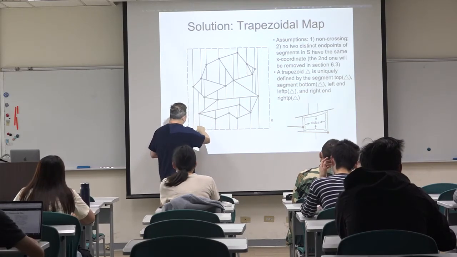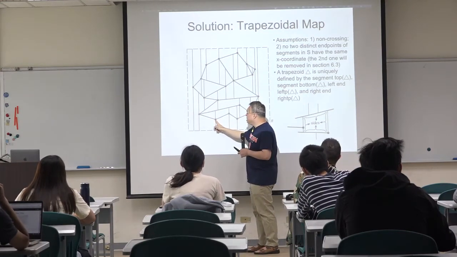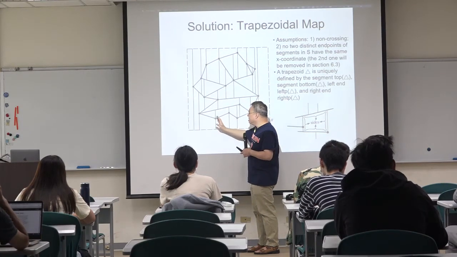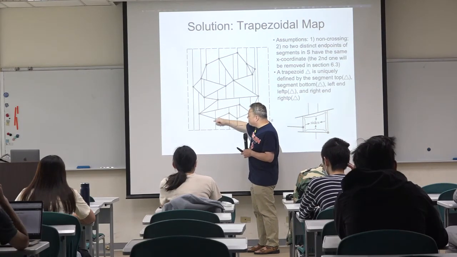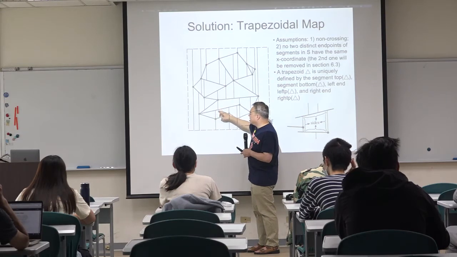You can see, for example, here, for every point, we still induce a vertical line on both sides, but that vertical line will stop as soon as it hits another edge.